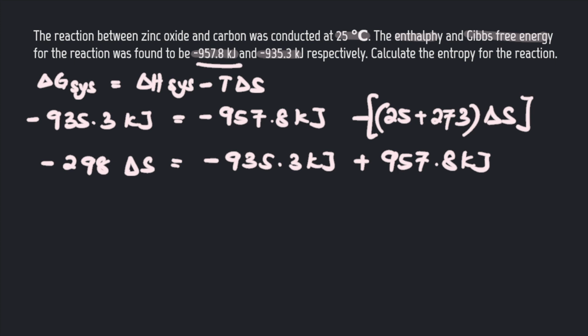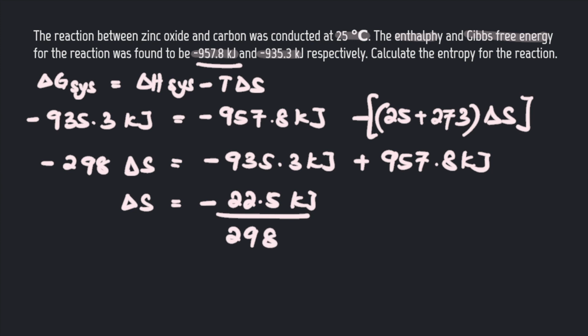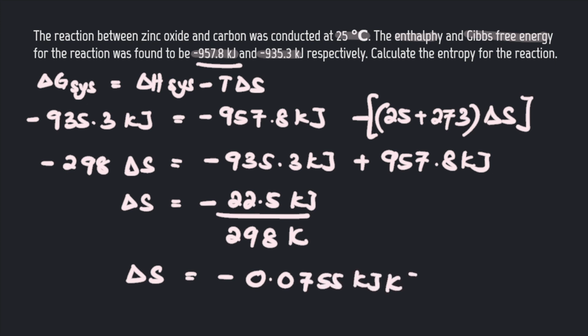Alright, so here you will get your delta S is equivalent to negative 22.5 kilojoule divided by 298 Kelvin. So you will have your delta S is equivalent to negative 0.0755 kilojoule per Kelvin. So this is the final answer for the fourth question.